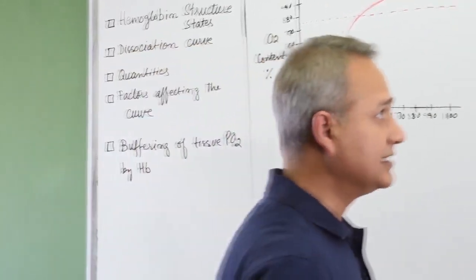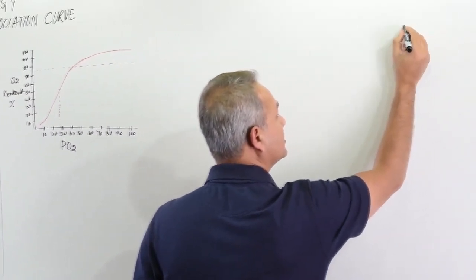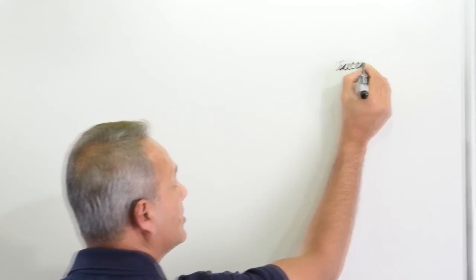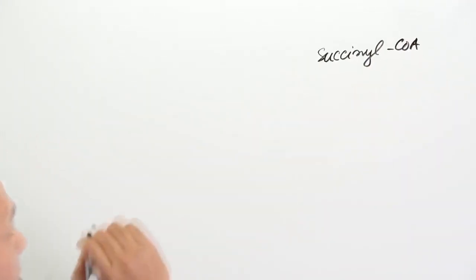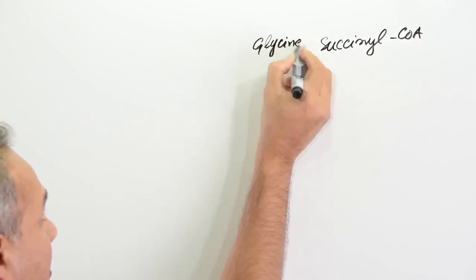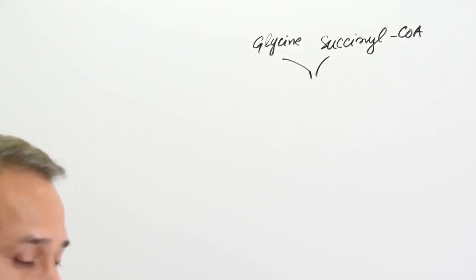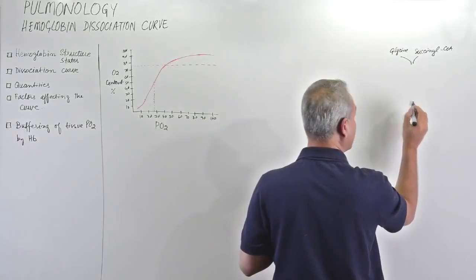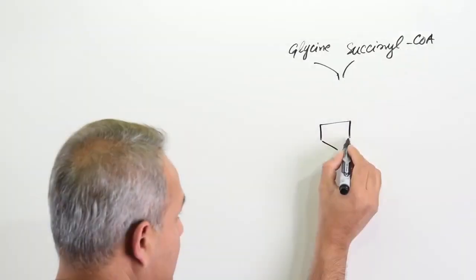Look, hemoglobin is formed by succinyl-CoA, coming from metabolic processes, and glycine. These two things combine and they form the basic structure, the Pyrole Ring. Again, this is not the biochemistry lecture.